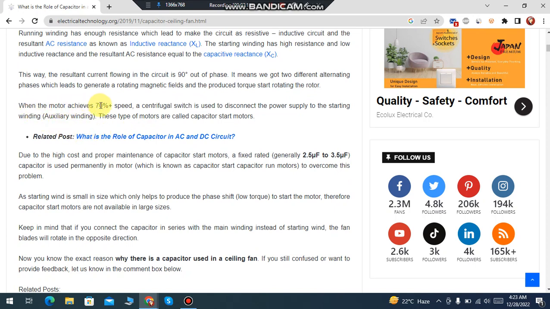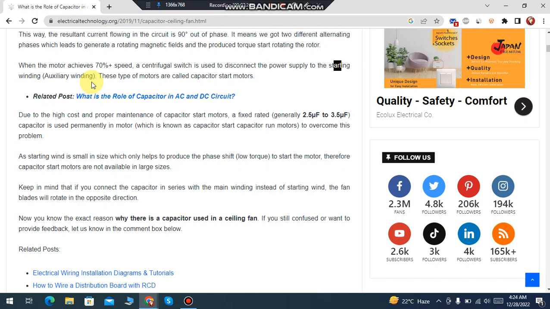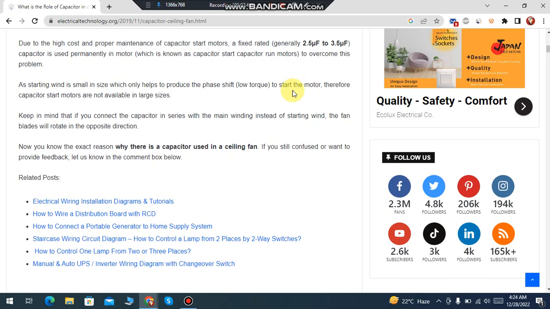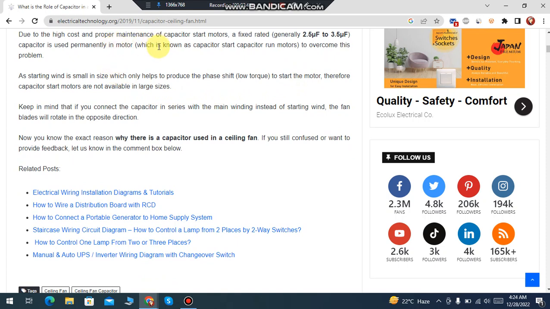When the motor achieves 70% or more of its speed, a centrifugal switch is used to disconnect the power supply to the starting or auxiliary winding. These types of motors are called capacitor start motors. Due to the high cost and maintenance of capacitor start motors, a fixed rated capacitor, generally 2.5 microfarad, is used permanently in motors, which are known as capacitor start capacitor run motors, to overcome this problem.